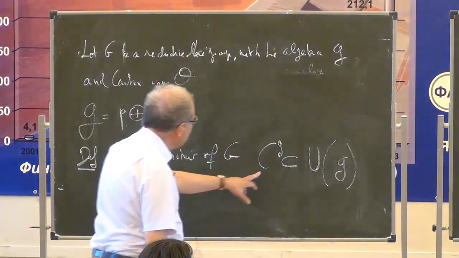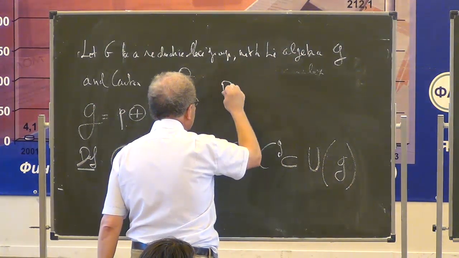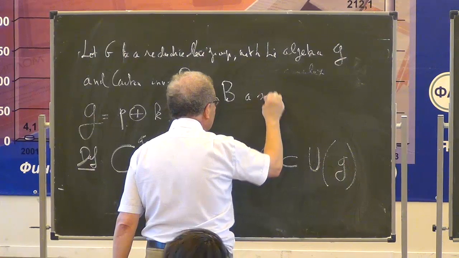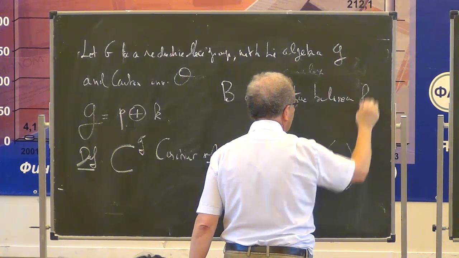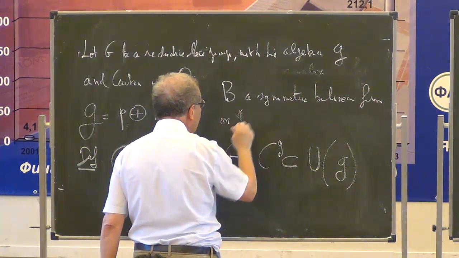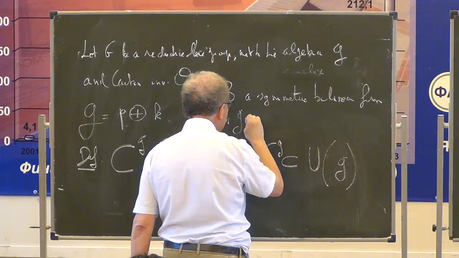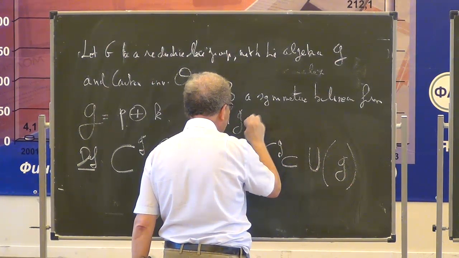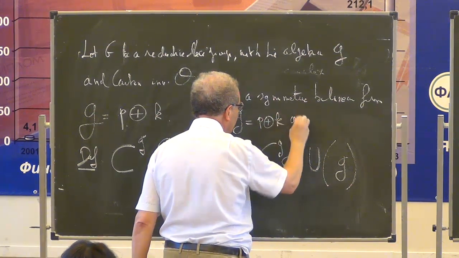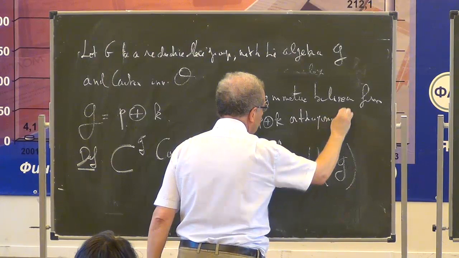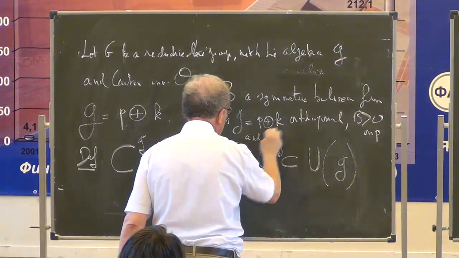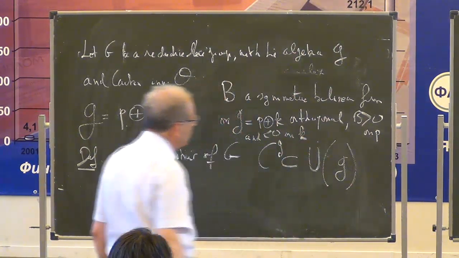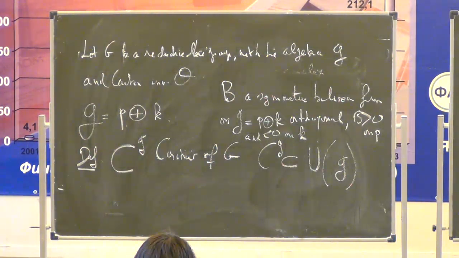To define it, I should say that I did not explain this, take B to be a symmetric bilinear form on the Lie algebra, which is such that this splitting is orthogonal, and B is positive on P and negative on K. Basically, a reductive group comes naturally equipped with such a bilinear form.